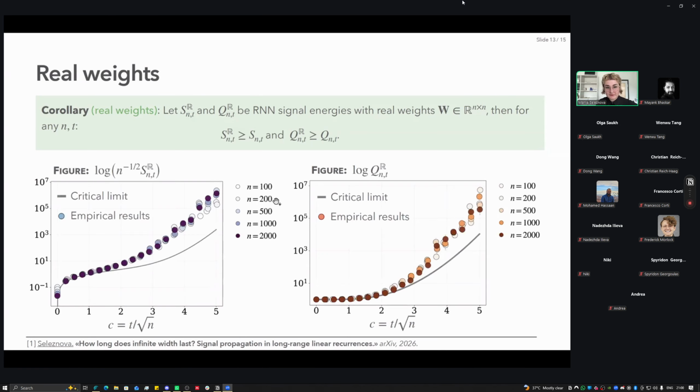And here's also the empirical verification of this statement. What you see here is the empirical signal energies for real recurrent models plotted against the critical limit of the complex case. So indeed, the real case explodes faster than the complex case.